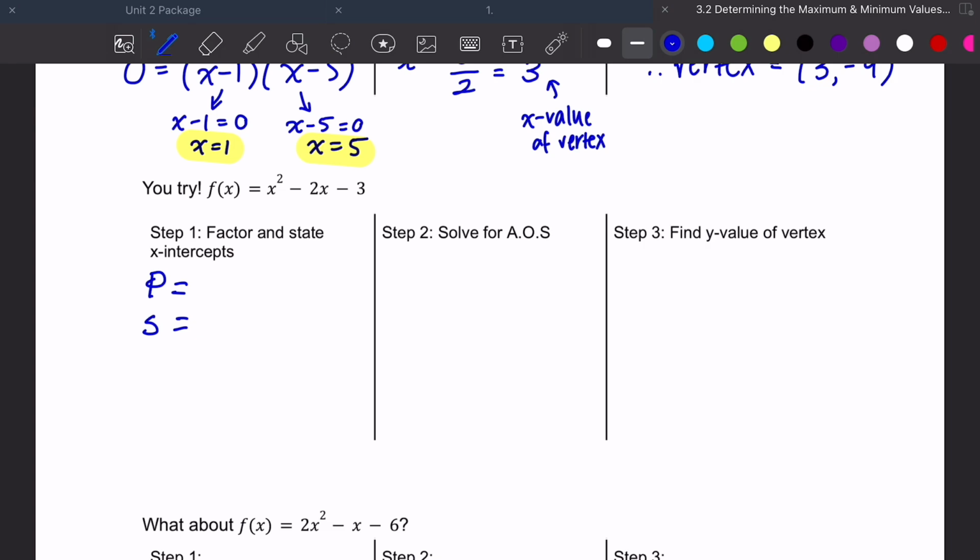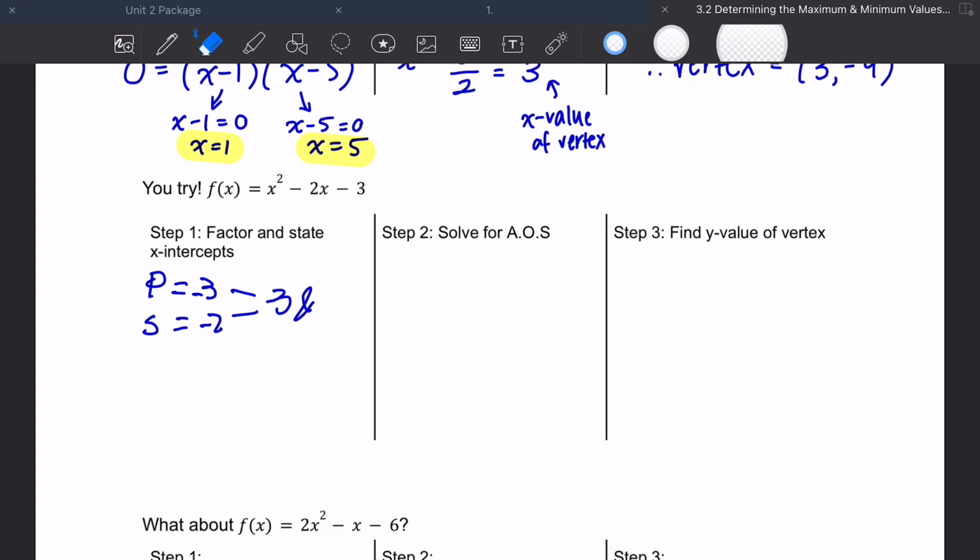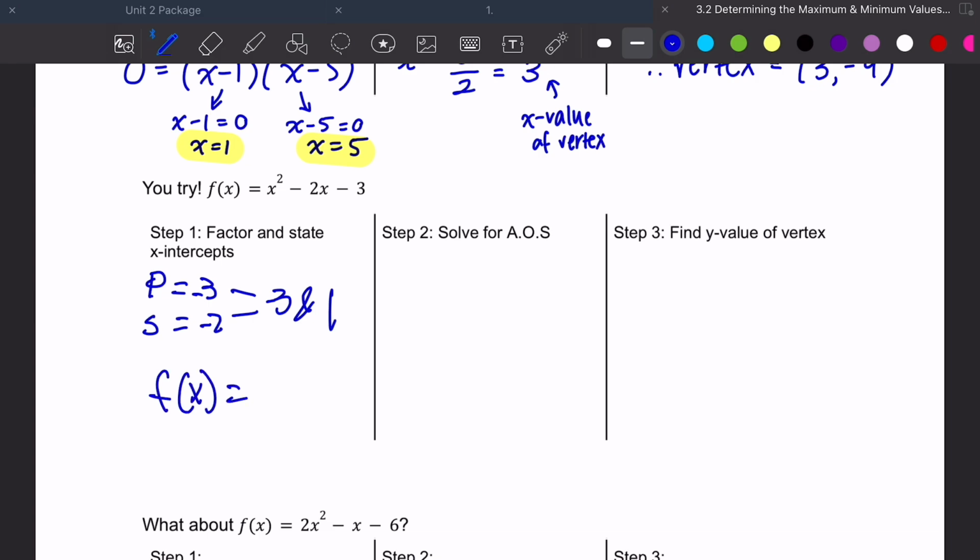I think so. So 3 and negative 1, because 3 times negative 1 is negative 3. And then so we said x minus 3 and then x plus 1.